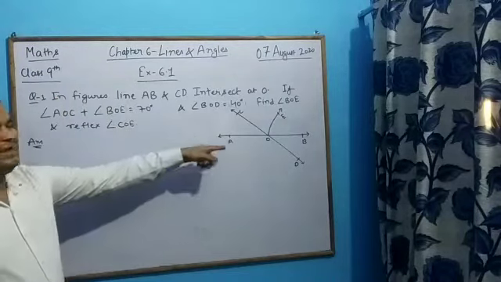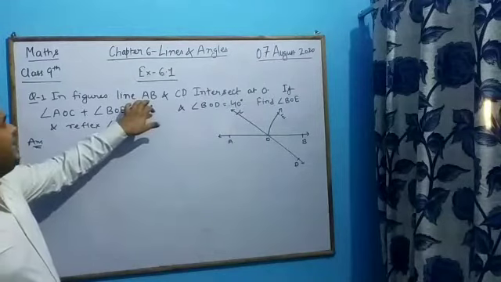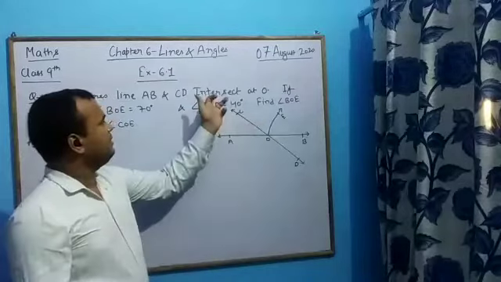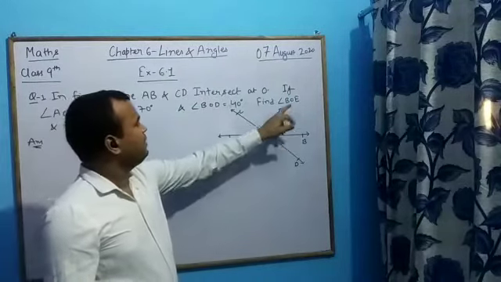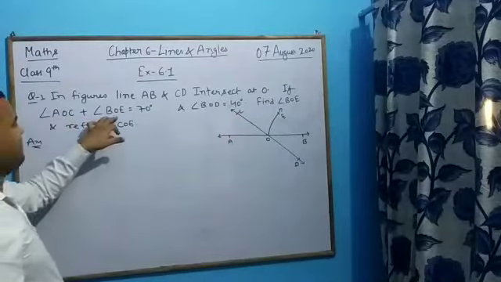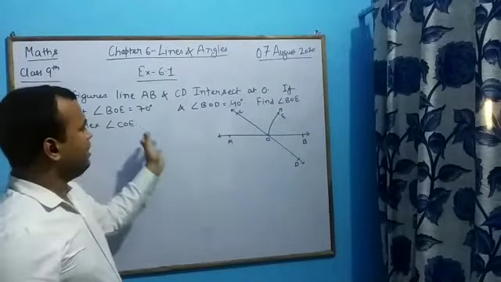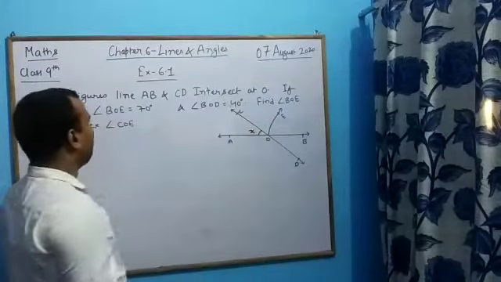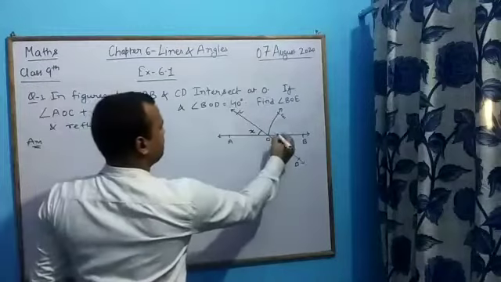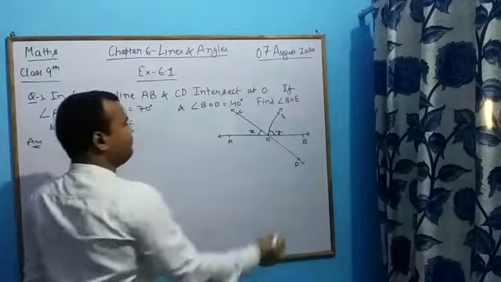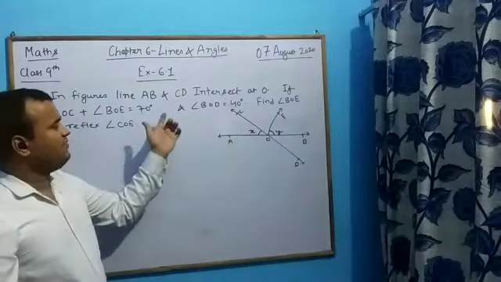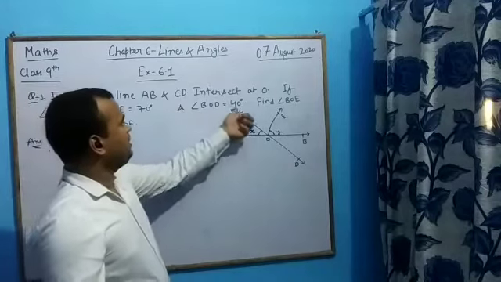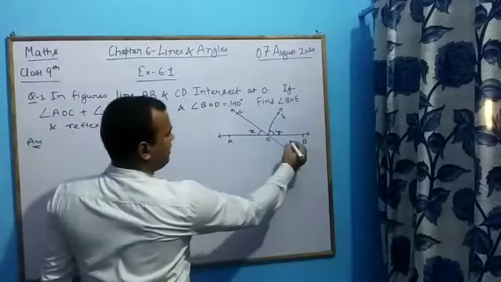In the figure I have drawn over here, there are two lines, AB and CD. They intersect at O. If angle AOC, let us mark it as X, and angle BOE, let us mark it as Y. The angle AOC plus angle BOE is equal to 70 degrees and angle BOD is equal to 40 degrees.